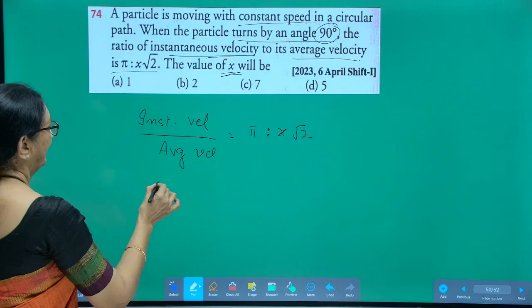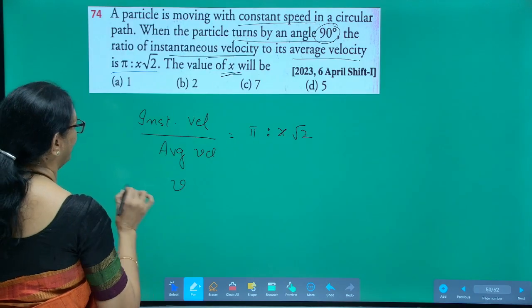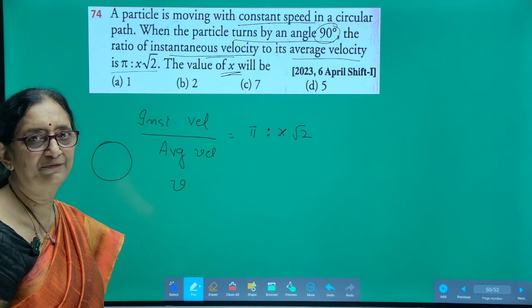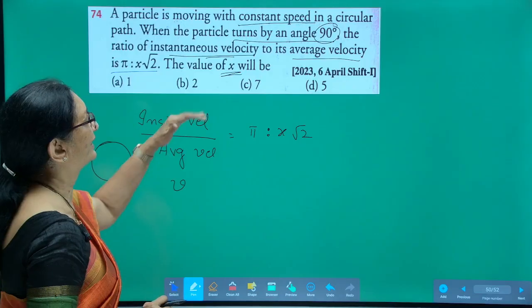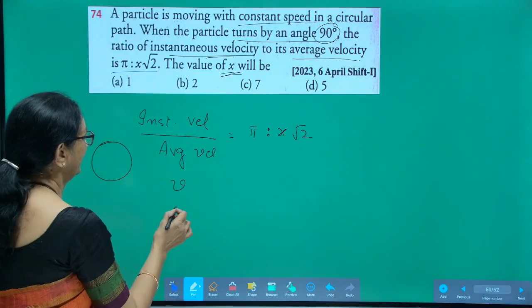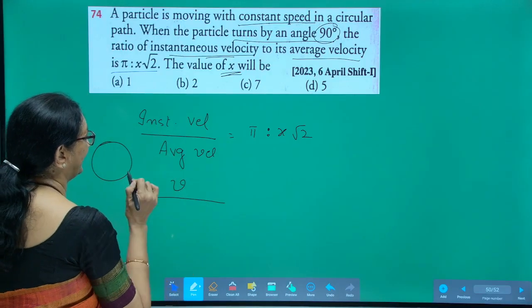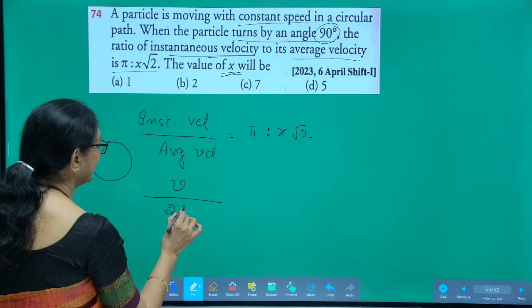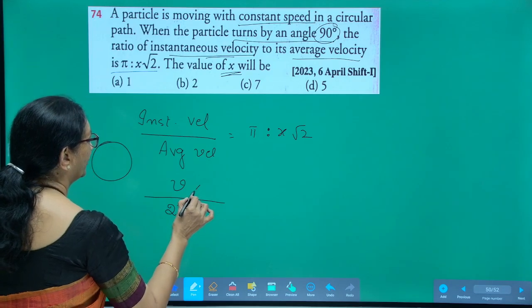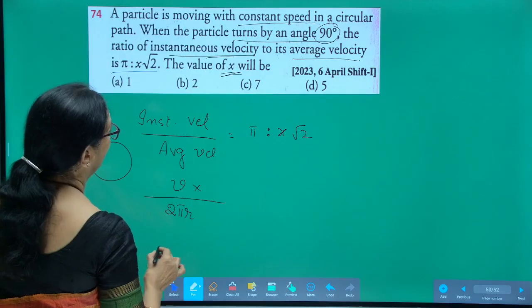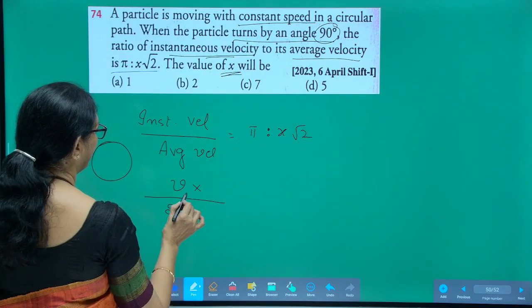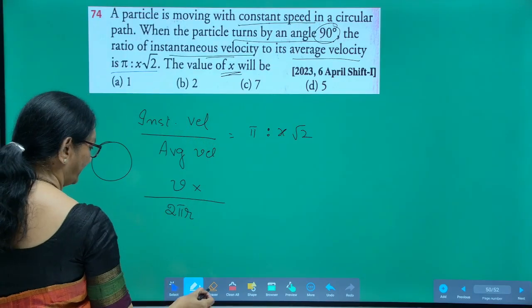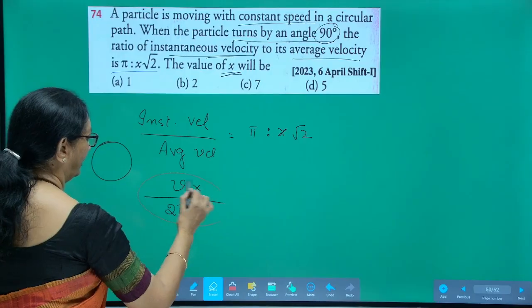See here, instantaneous velocity is v, say. A body is moving in a circular path of radius, say r, with a constant speed v. So instantaneous speed is v. Average velocity is total distance by total time, right? So look here.